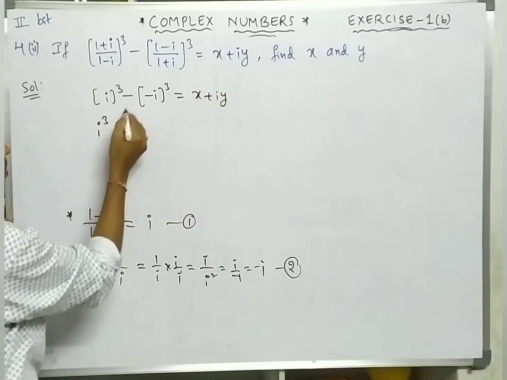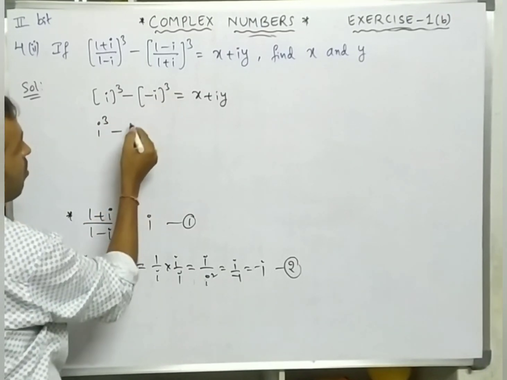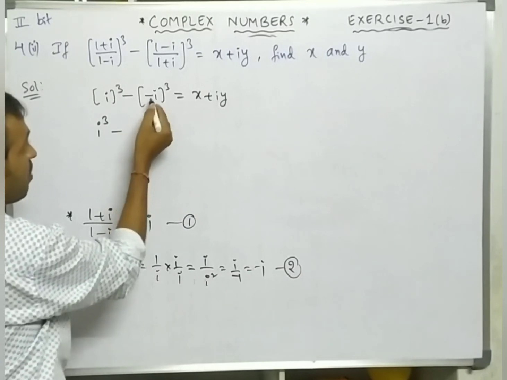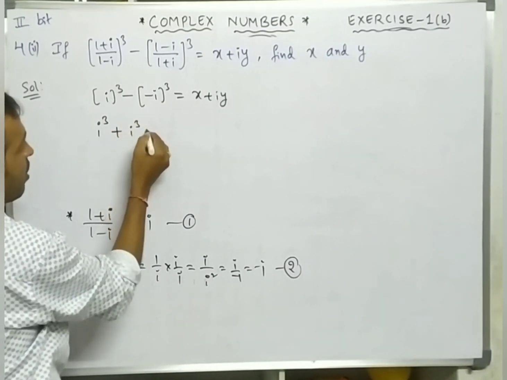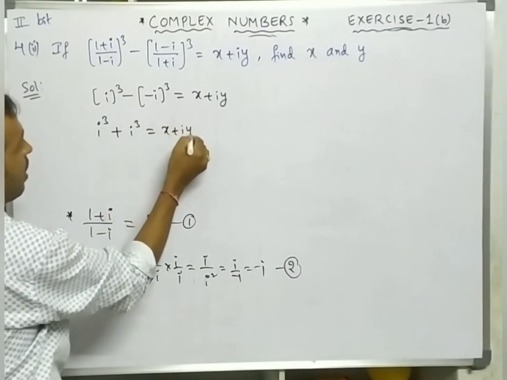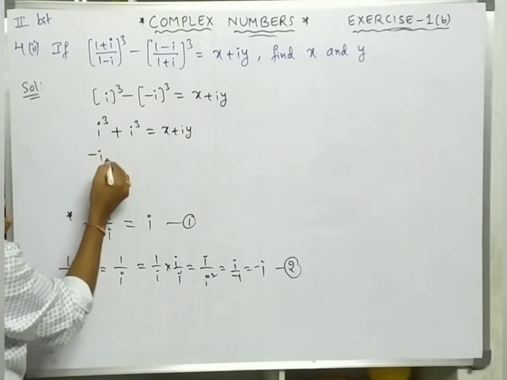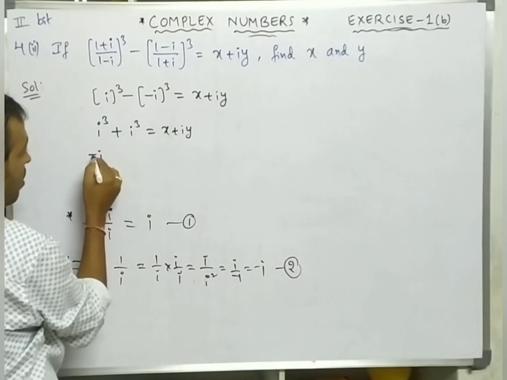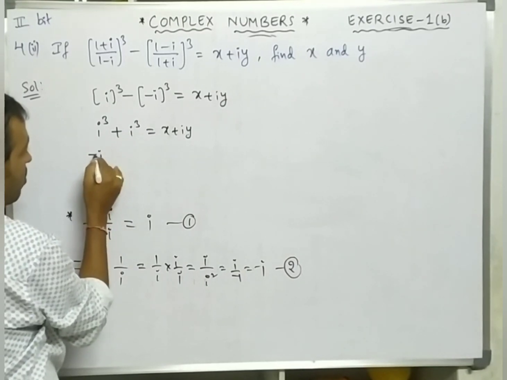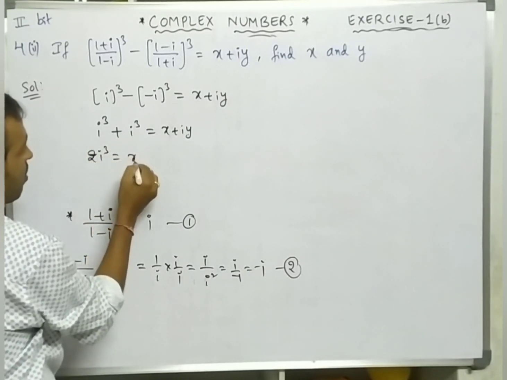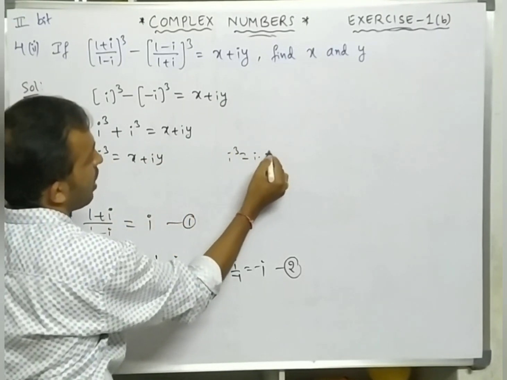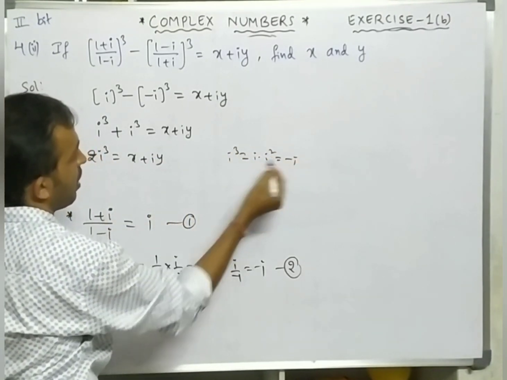i³ minus (-i)³ means minus of minus i³, that is plus i³, equal to x + iy. So i³ plus i³ is 2i³. So 2i³ is equal to x + iy. The i³ value is i·i², that is -i.